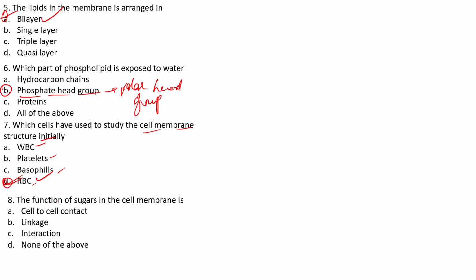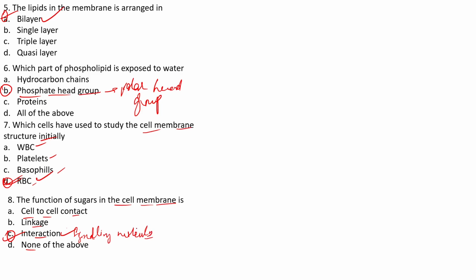Now, the function of sugars in the cell membrane is cell-to-cell contact, linkage, interaction, or none of the above. The main function of the sugars in the cell membrane is to provide interaction between signaling molecules.